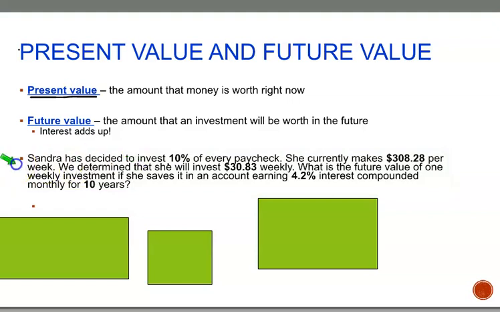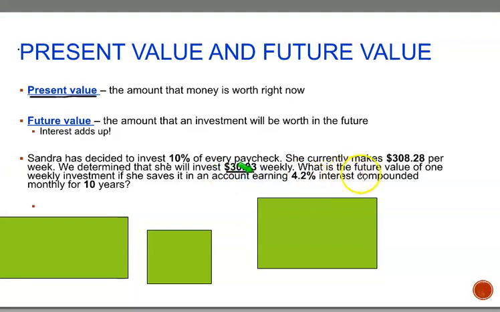Okay, so here's Sandra. She has decided to invest 10% of every paycheck. She currently makes $308.28 per week. We determined on the last slide that she will invest $30.83, which is exactly what we came up with, weekly.